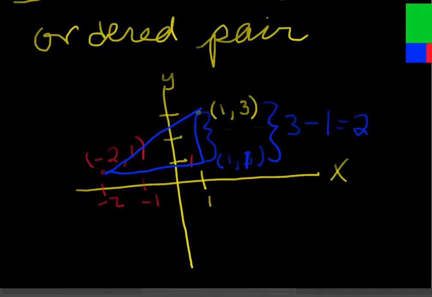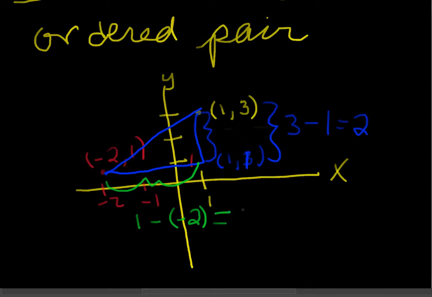Then, on the other hand, if we look at the distance between these 2 points, we're not moving vertically, we're just moving left and right, horizontally. And so the distance between these 2 points would be 1 minus -2. That would give me the distance from this point on the x-axis to this point, which of course is equal to 3.